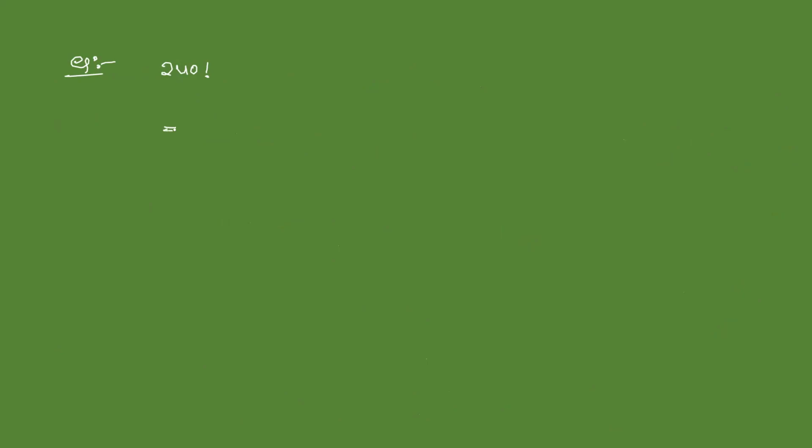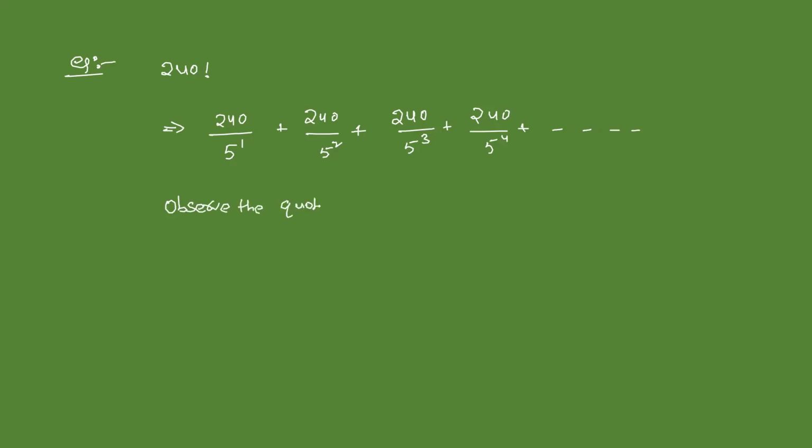To find the number of 5's, divide the given number with powers of 5. 240 by 5 square. Similarly, 240 by 5 cube, 240 by 5 to the power of 4, and so on. Observe the quotients and add them.